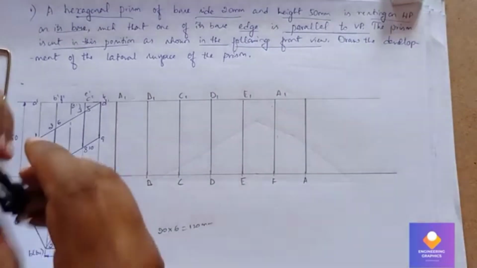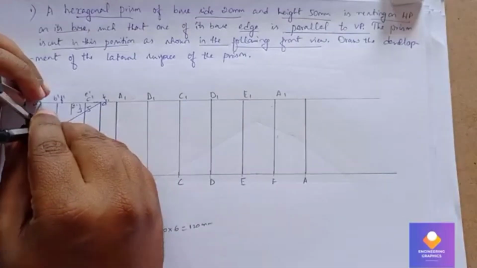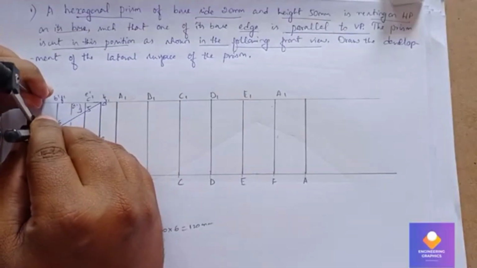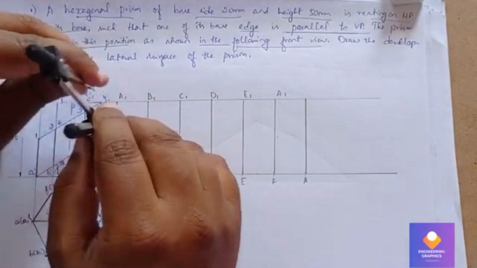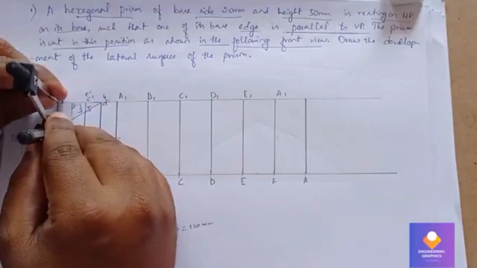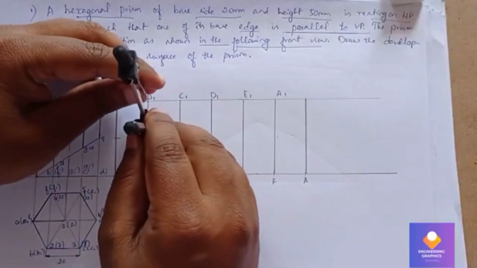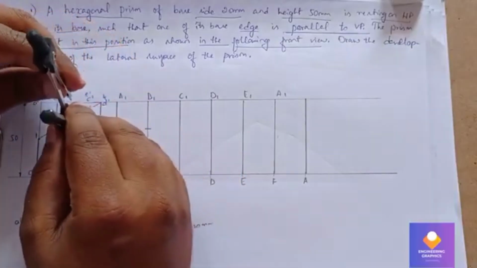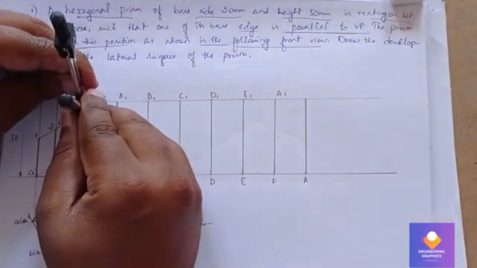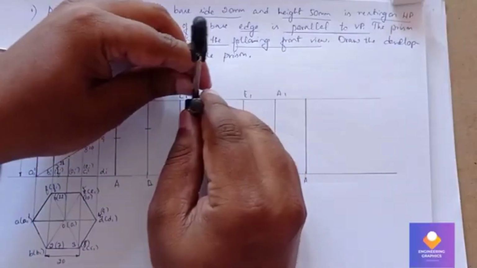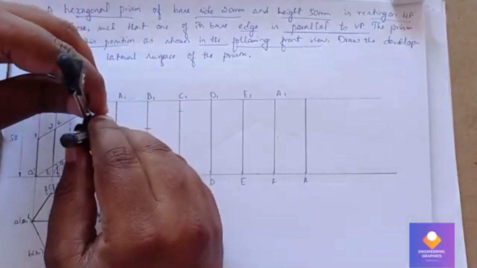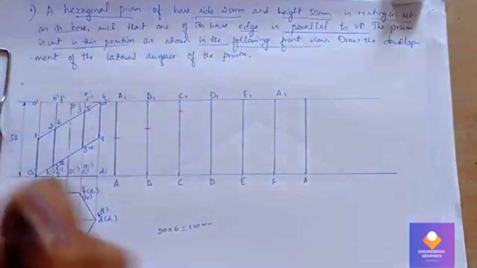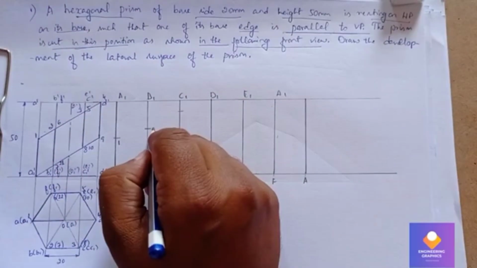We just correct it. Now here you can see we have already marked the points 1, 2, 3, 4, 5. For the top face it is 1. We need to measure from the top face 1 and mark it. Then for 2 we cut it on the vertical edge B, and for point 3 we need to cut it on the vertical edge C. Now point 4 is exactly at the end point of D1.